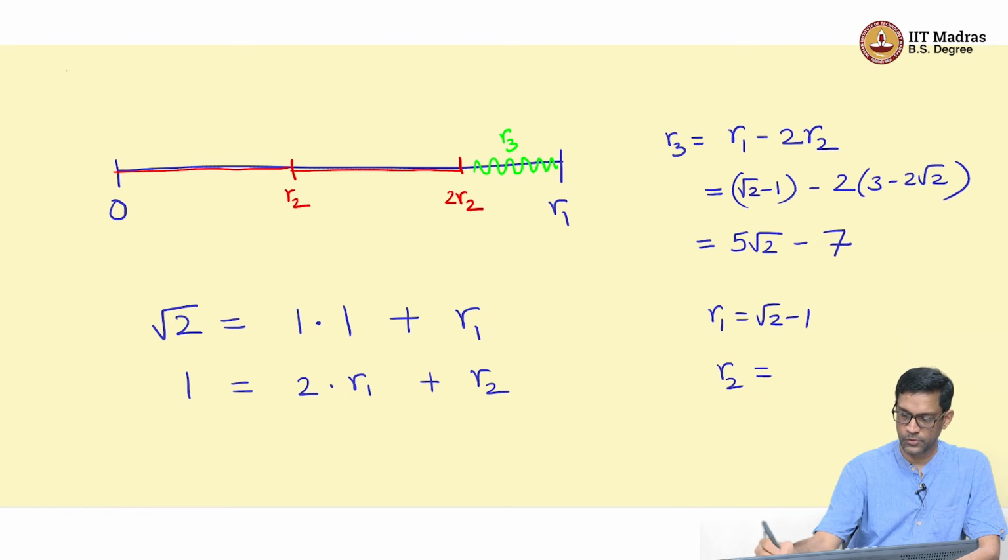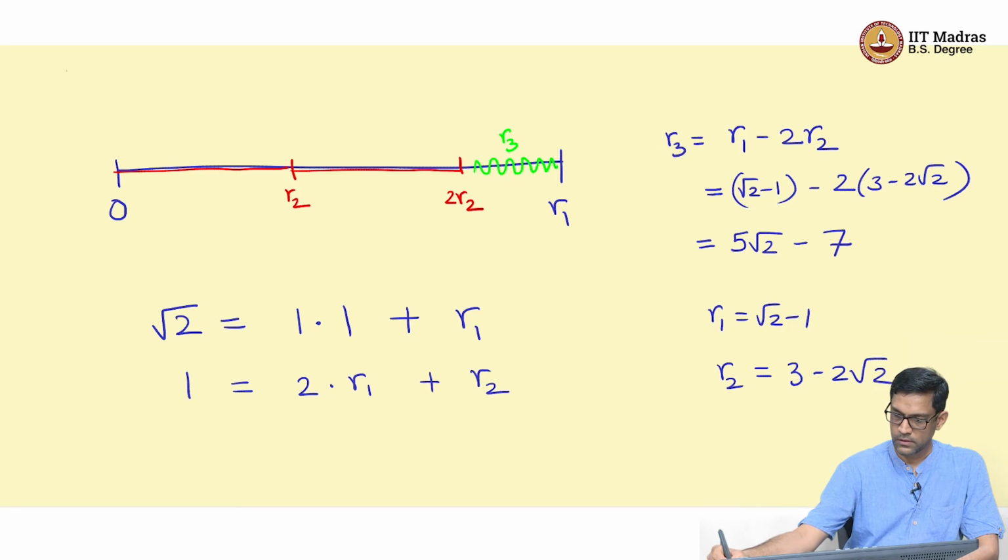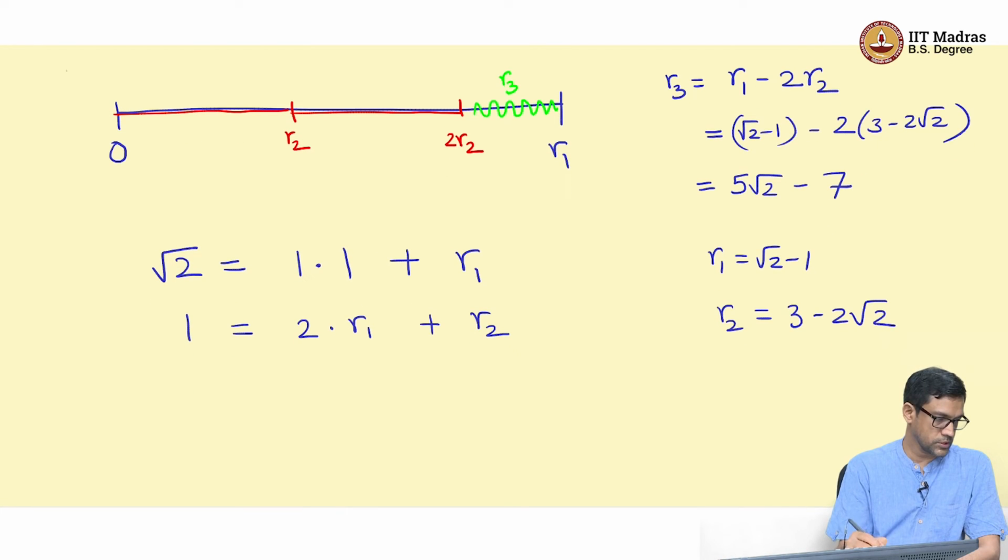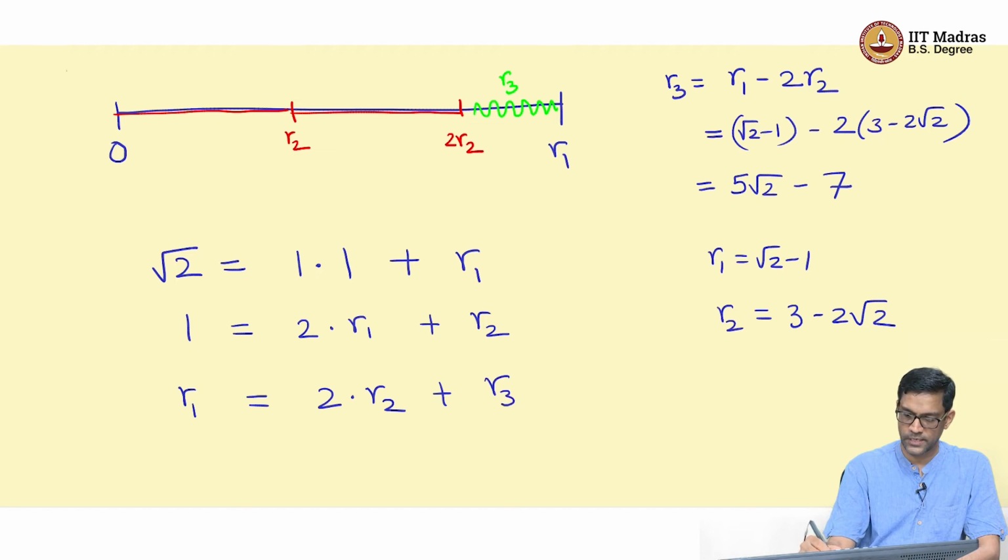R2 we computed was 3 minus 2 root 2. Now let's do it once more. R1 becomes my new divisor, and it divides exactly twice and leaves you with a remainder R3. And R3 we computed is 5 root 2 minus 7, and so on.